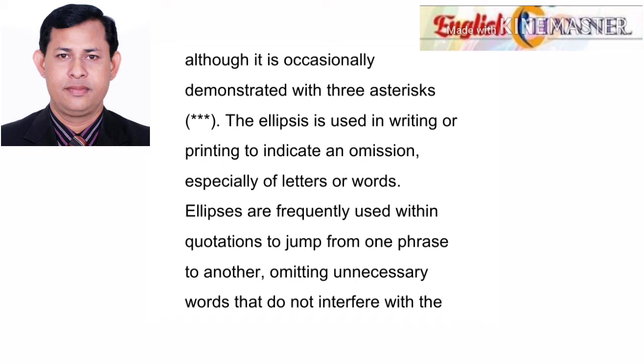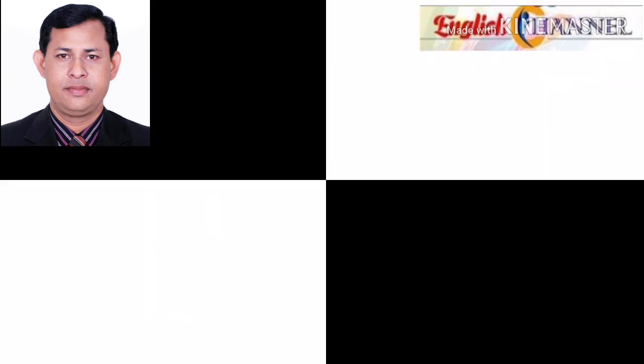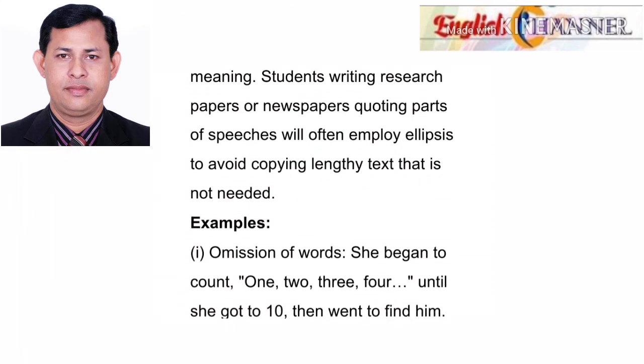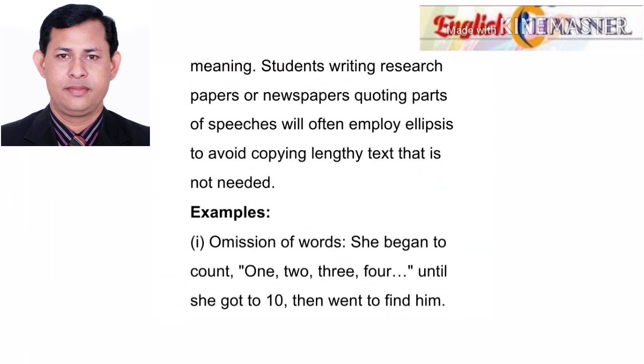Ellipses are frequently used within quotations to jump from one phrase to another, omitting unnecessary words that do not interfere with the meaning. Students writing research papers or newspapers quoting parts of speeches will often employ ellipses to avoid copying lengthy text that is not needed.